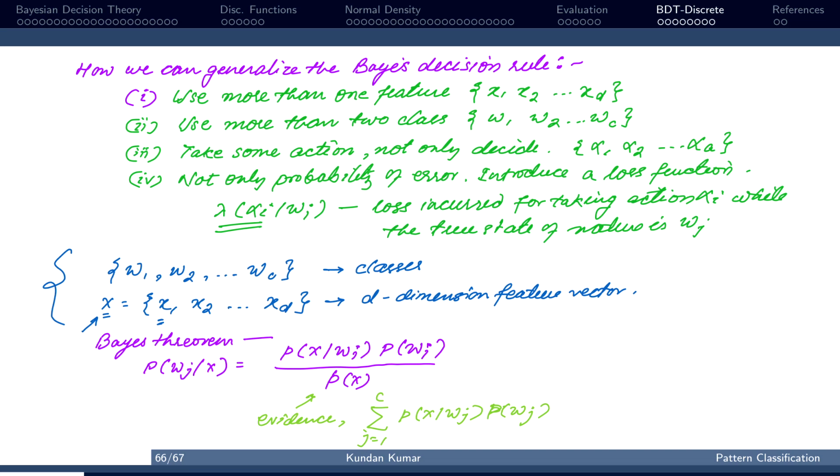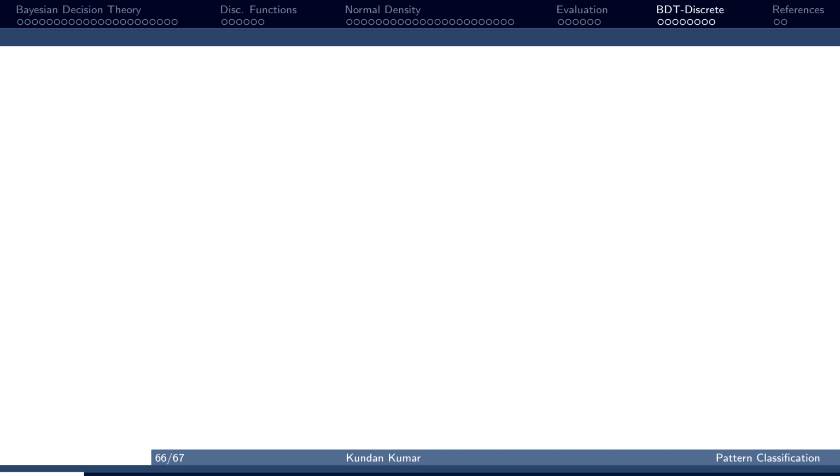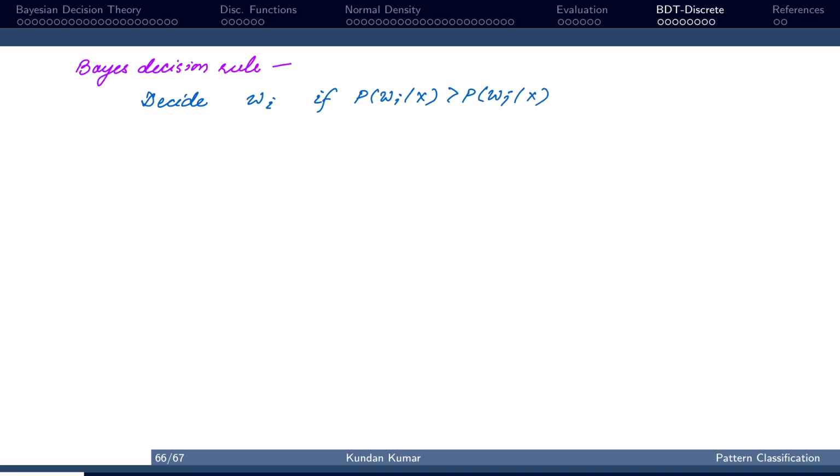Then our decision rule will be: decide omega i if the posterior probability of class omega i is greater than the posterior probability of class j, for all j not equal to i.